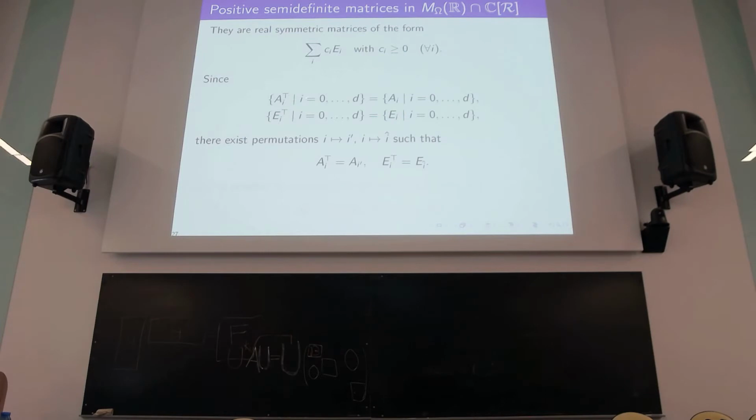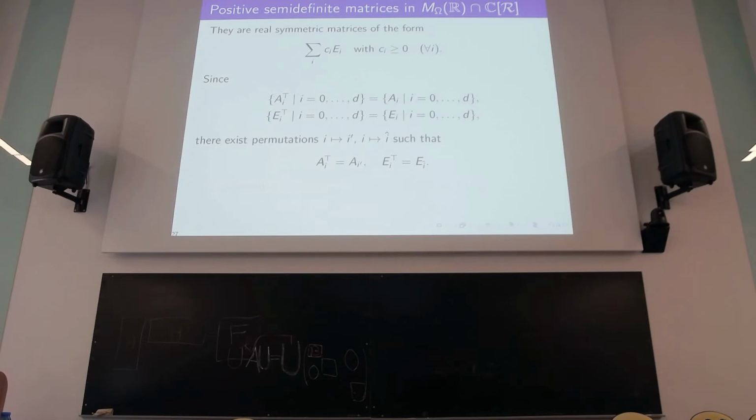I denote these two permutations, possibly different since it depends on the numbering, by prime and by hat. So you can group them together to get the symmetric matrices.